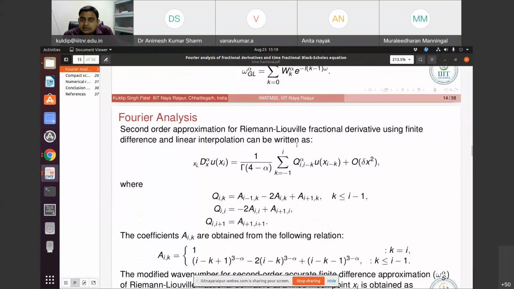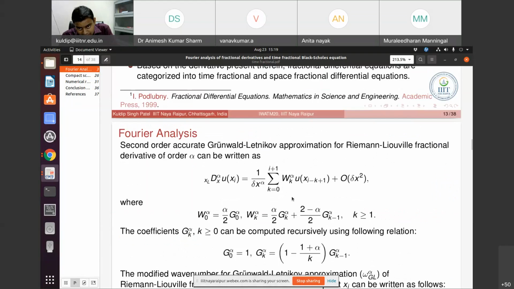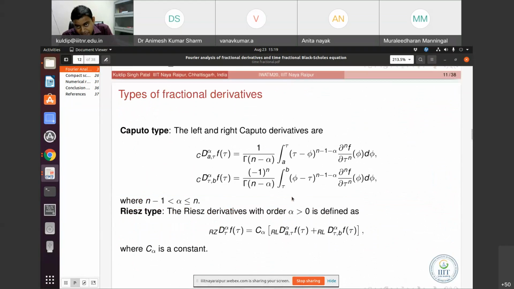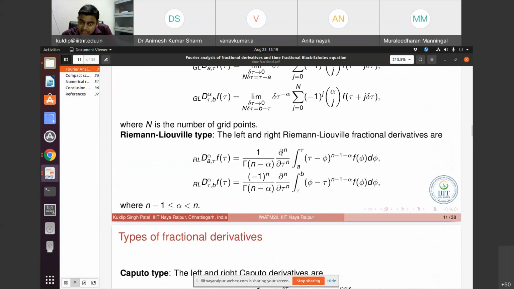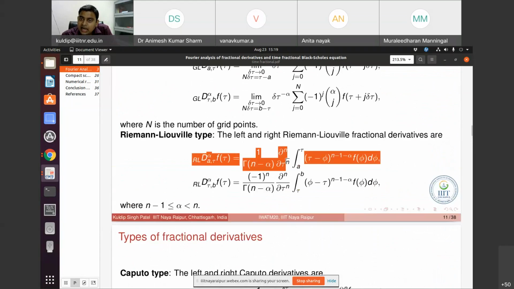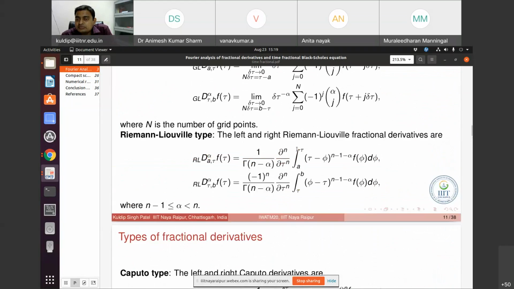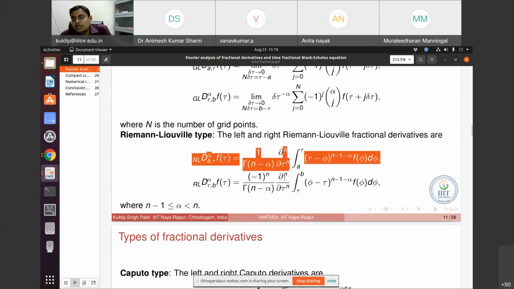Then I said, if you approximate the Riemann-Liouville fractional derivative using finite difference, how would one do that? I'll try to explain. See what people did: the derivative is outside and the integration inside. For the integration they used the trapezoidal rule, which is second order accurate, and for the derivative they used finite difference, which is also second order accurate.